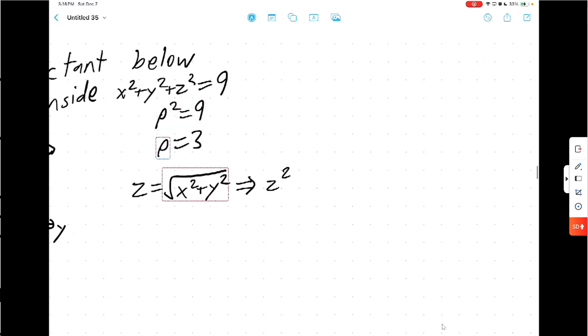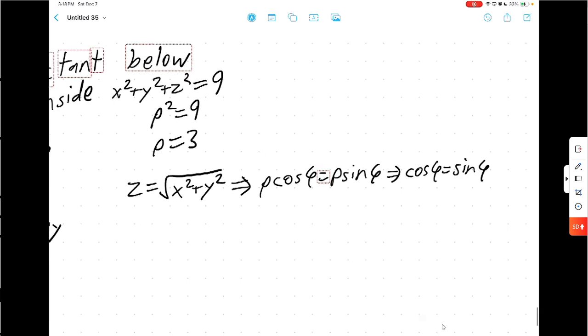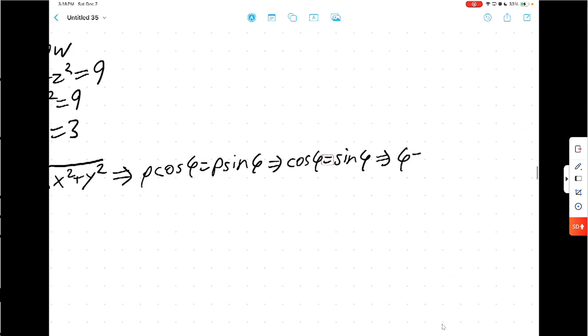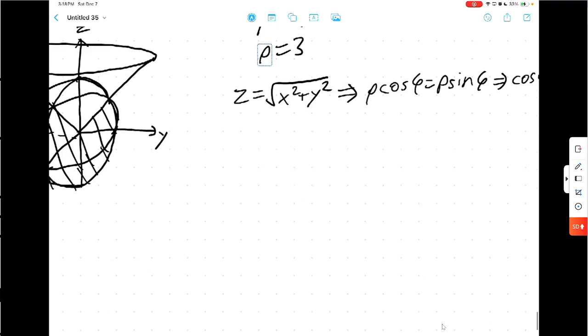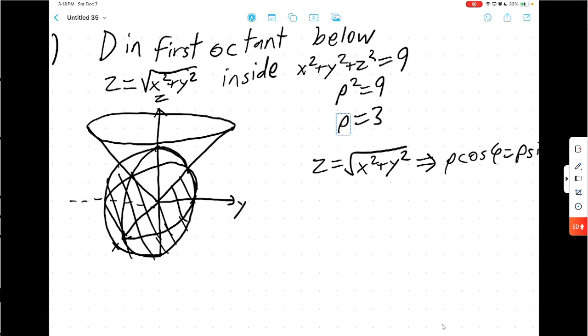It is going to become phi is equal to pi over 4, or you could just do rho cosine phi is equal to rho sine phi, which becomes cosine phi is equal to sine phi, which means phi is pi over 4. So those are the bounds for rho and phi.